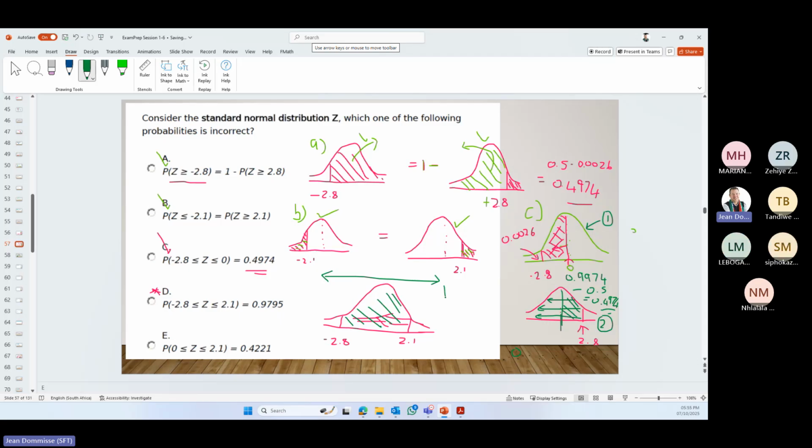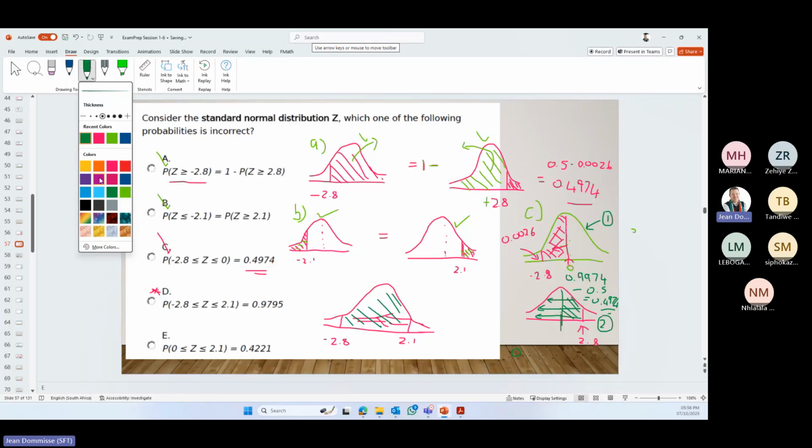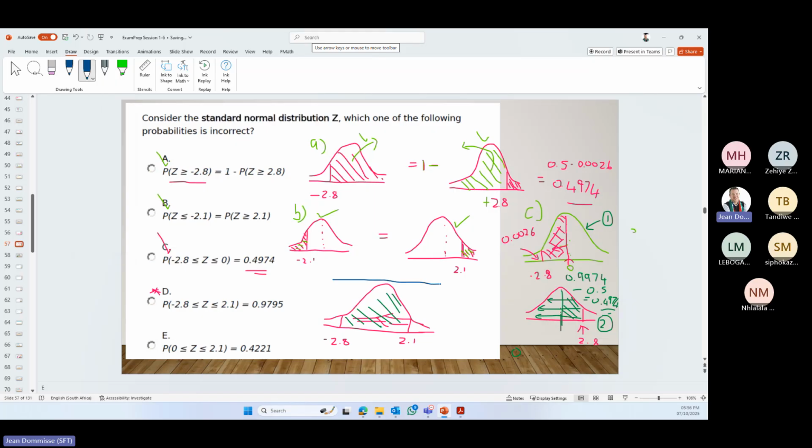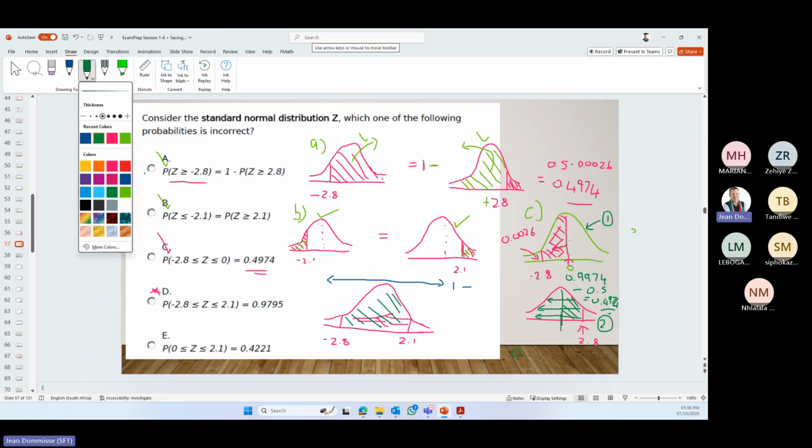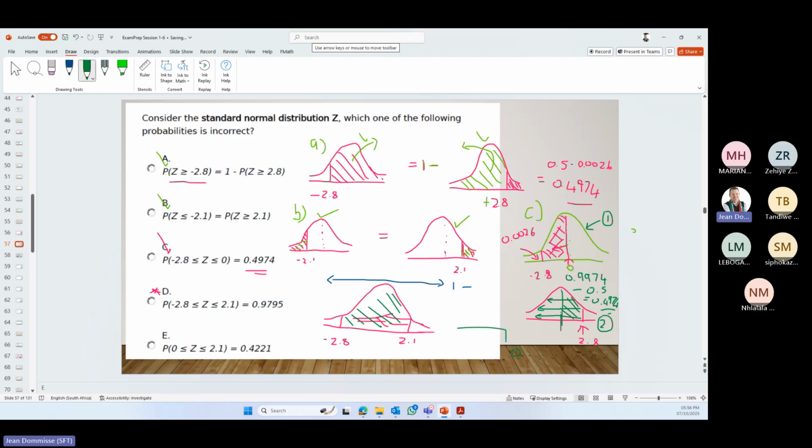So I will start off with that whole area, and let's color code this a bit. This whole area, the blue area, is 1. Our final answer needs to be the green area.